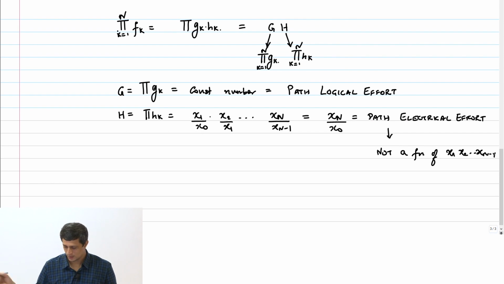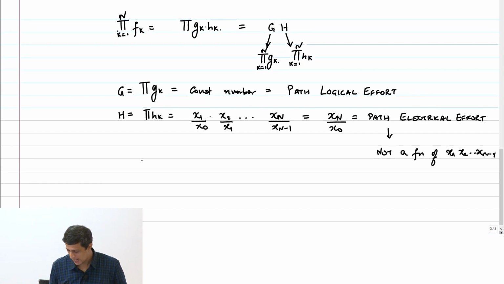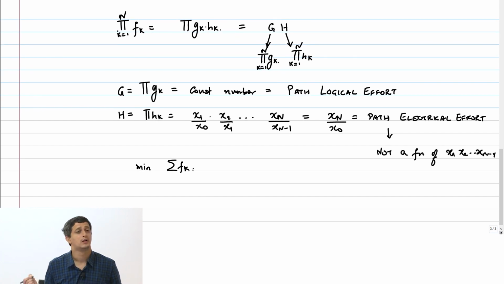So now what do I have? I want to minimize summation fk, but the product of fk's is a constant.